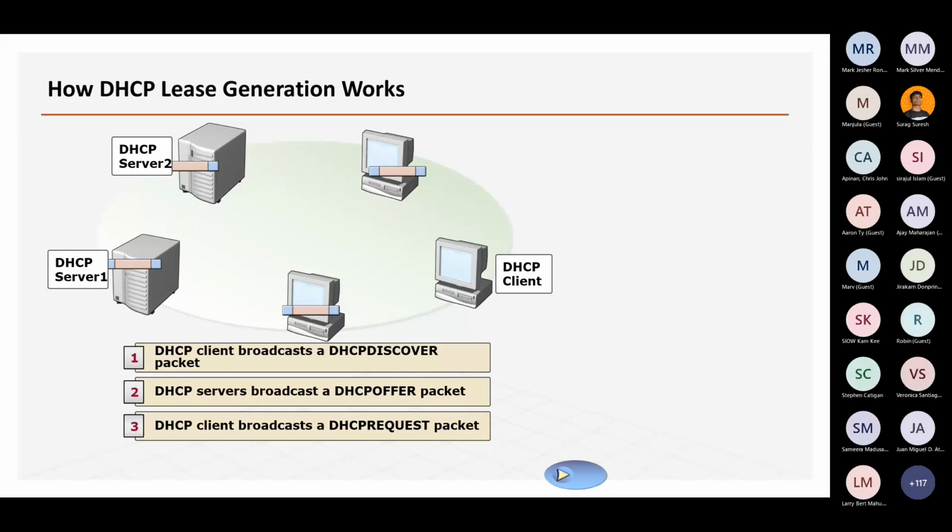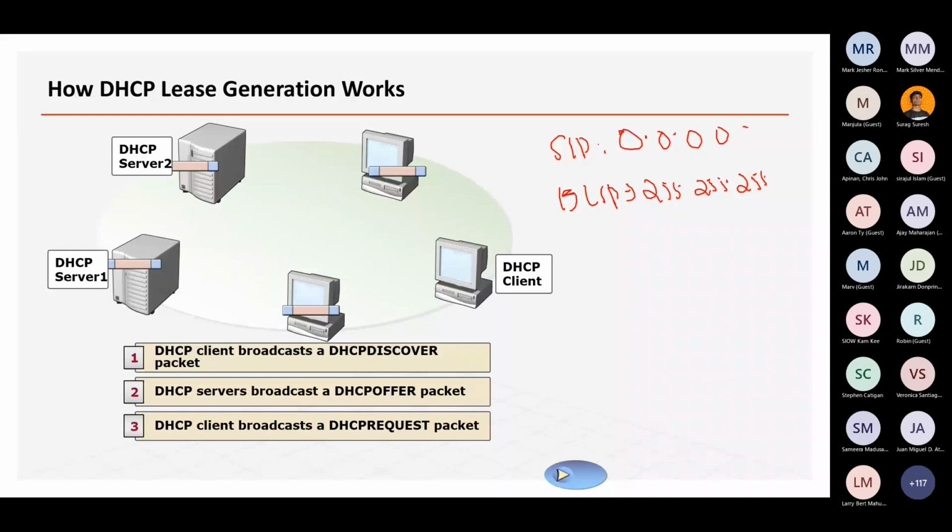The destination will still be 255.255.255.255, because there are some situations like multiple DHCP servers being configured. The client keeps it as 255 only here, because I have received two offer packets from DHCP servers. So it's not confirmed, and they will keep it as a broadcast.